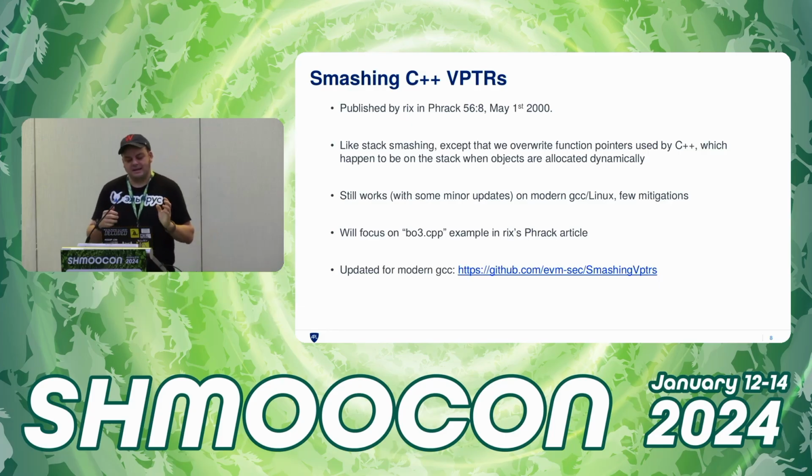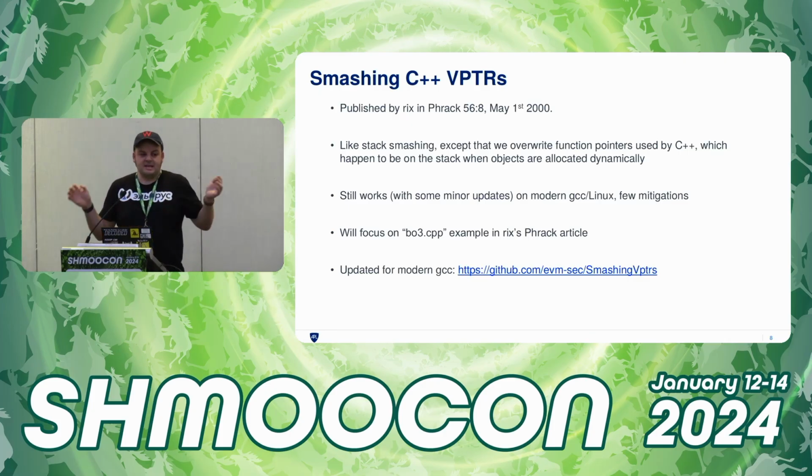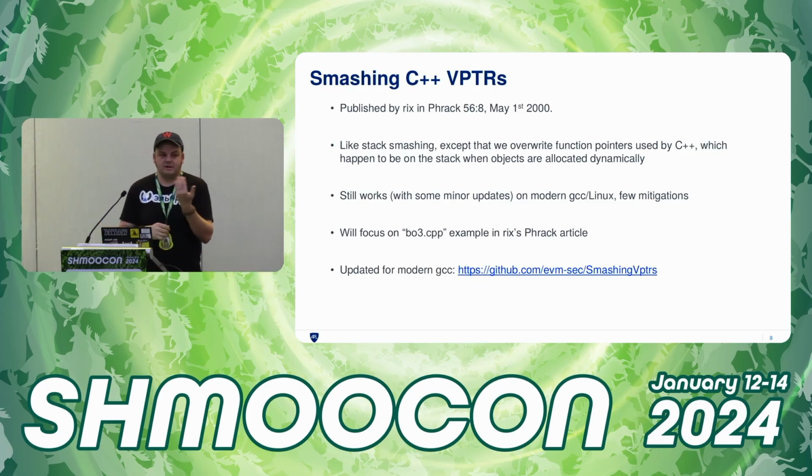So I decided to steer clear of that stuff and just play around with this C++ VPTR concept, because exploiting C++ VPTRs still works, since you're not actually executing anything on the stack, you're just overwriting a function pointer.